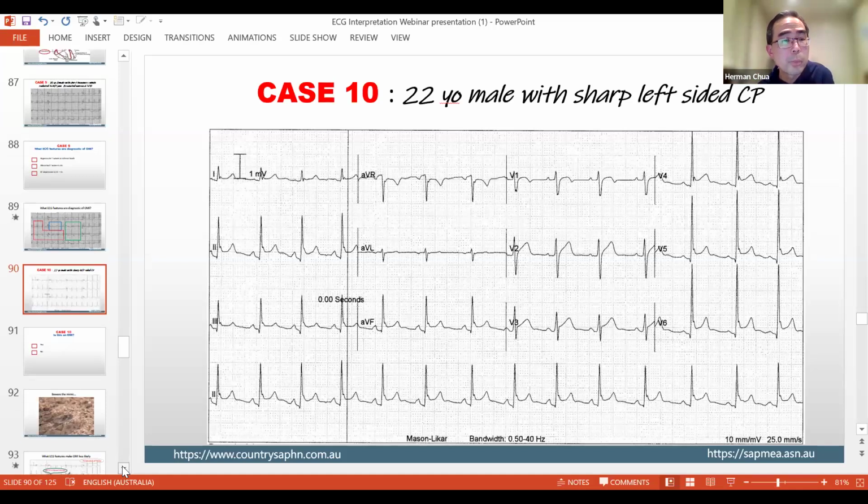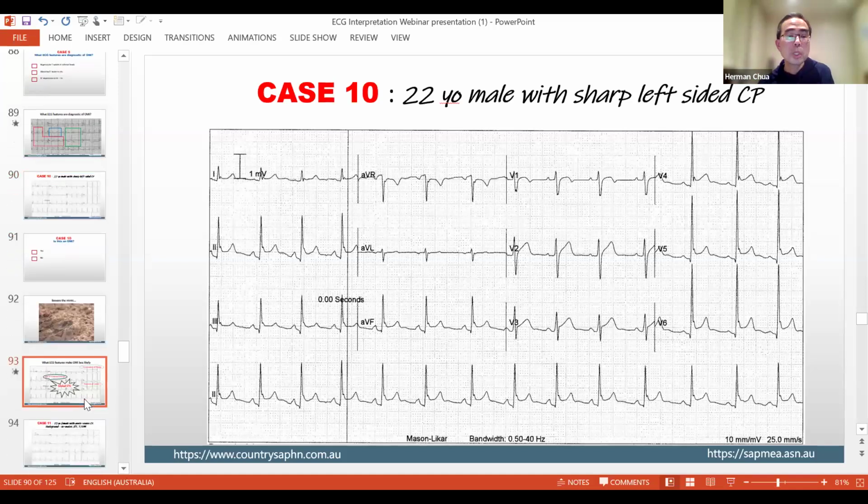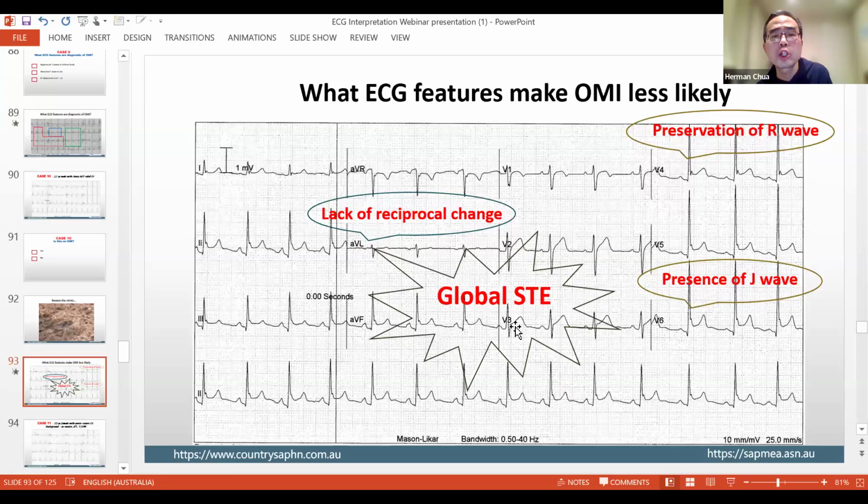So what are the changes again? You get global ST elevation, and no reciprocal change. No reciprocal change in AVL, despite the ST elevation that you see in 2, 3, and AVF. The presence of a J wave, like I said, and the preservation of the height of the R wave.